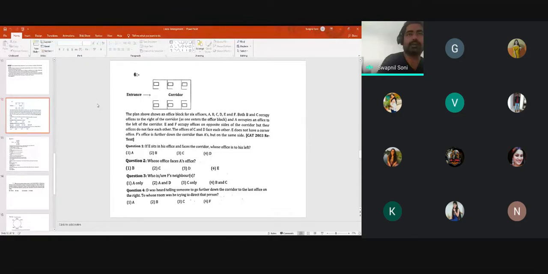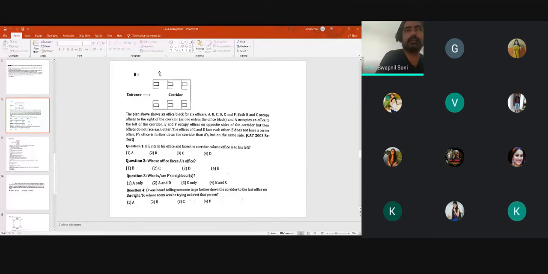There's a plan above that shows an office block for 6 officers A, B, C, D, E, and F. Both B and C occupy offices to the right of the corridor. As one enters the office block, you can see the entrance arrow. Now, over here, you see the arrow, right? When you see the arrow, you should imagine yourself entering in this direction, facing this direction.